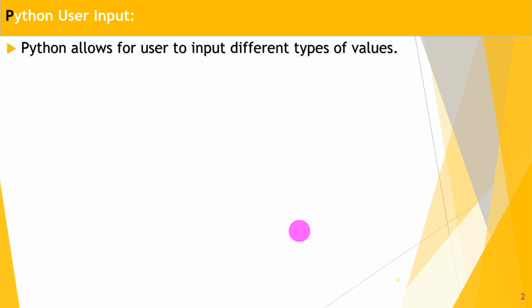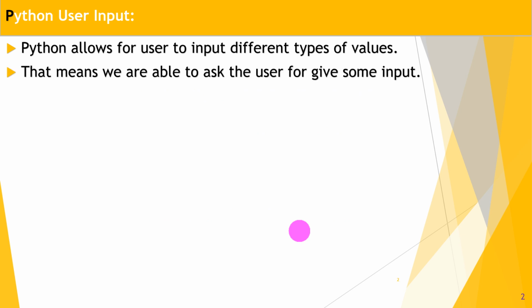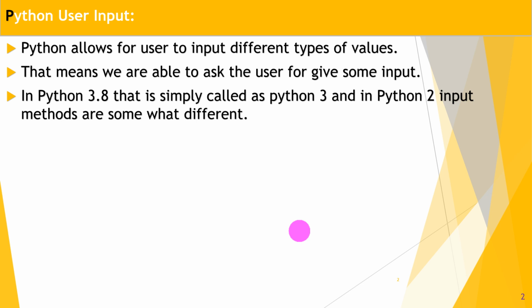Python allows the user to input different types of values, integer, float, string. That means we are able to ask the user to give some input. In Python 3.8, that is simply called Python 3, and in Python 2, the input methods are somewhat different.